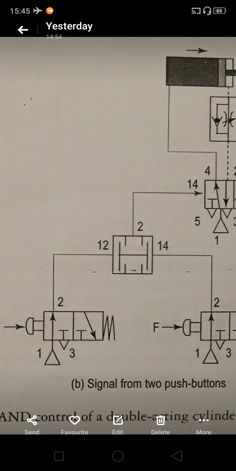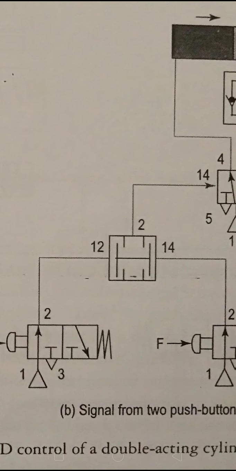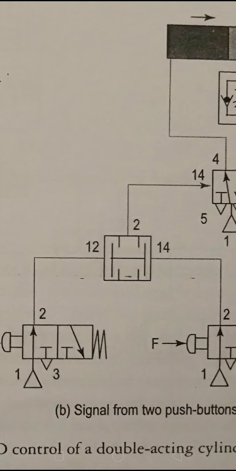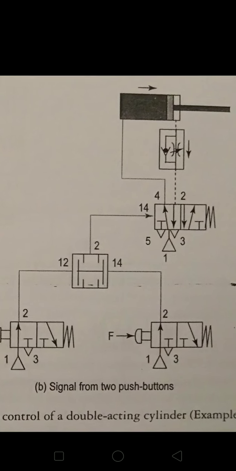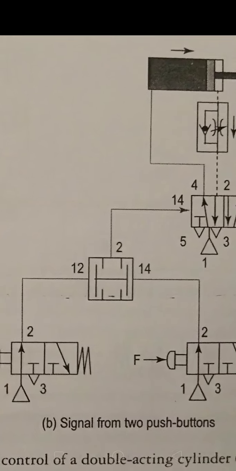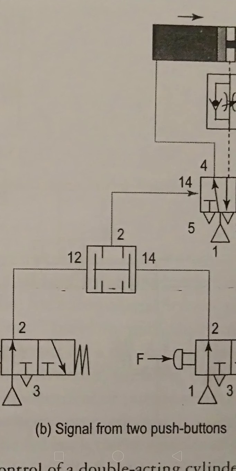As this is a pressure relief valve, or you can say an AND type logic valve, whenever it is getting a signal from both hands, then and only then it will work. As it is getting a signal from 12 and 14, there will be output at 2, which is connected to 14.